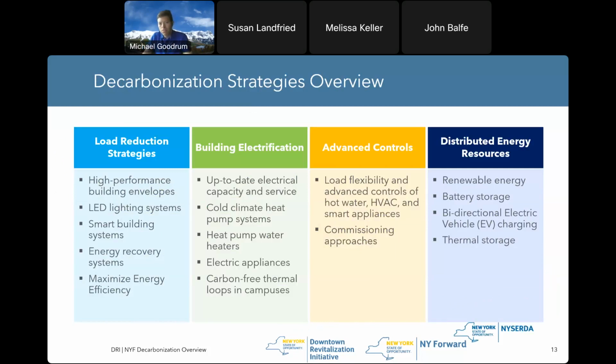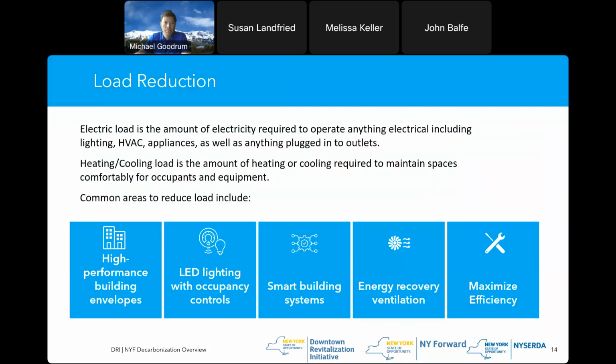And now we'll spend some time going over a variety of different strategies that you can use for decarbonization in a building. Following the path we laid out before, starting with some load reduction and some energy efficiency, and then building electrification strategies, controls, and then distributed energy and storage to round it out.